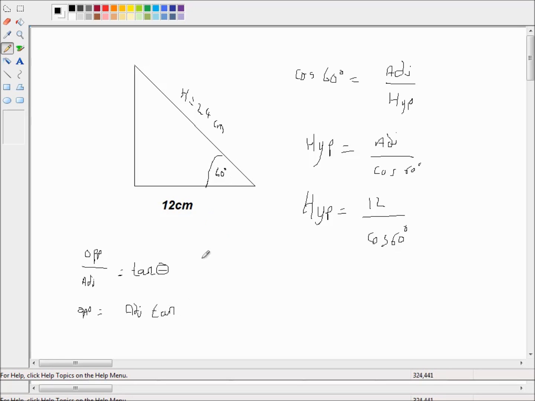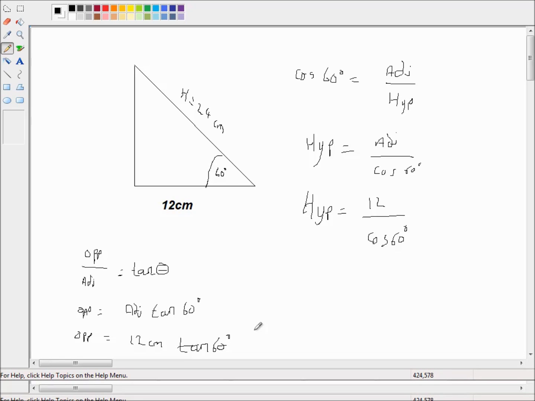In this case, that's 60 degrees. So the opposite is equal to 12 centimetres times the tangent of 60 degrees.